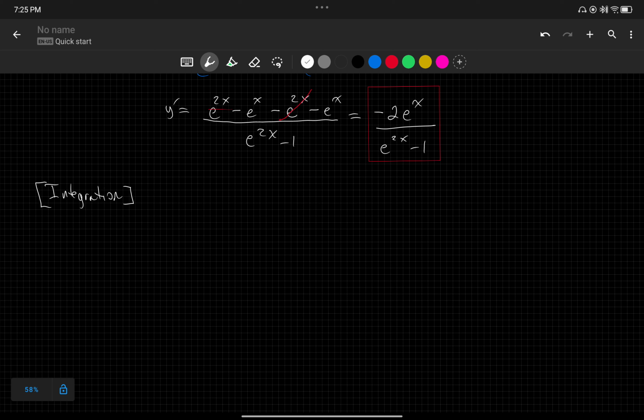All right, so we know the formula for integration. Again, very easy. The integral of e to the u du is just e to the u, plus c.